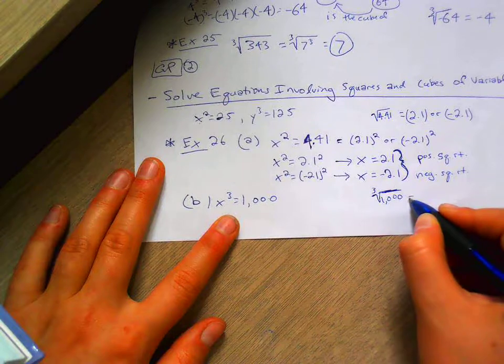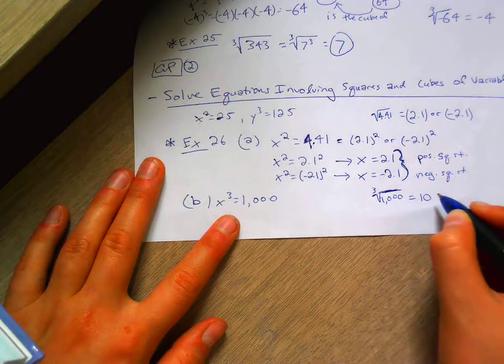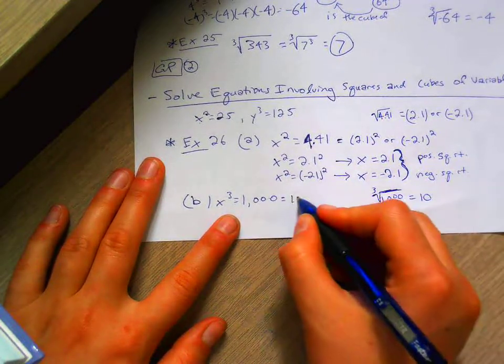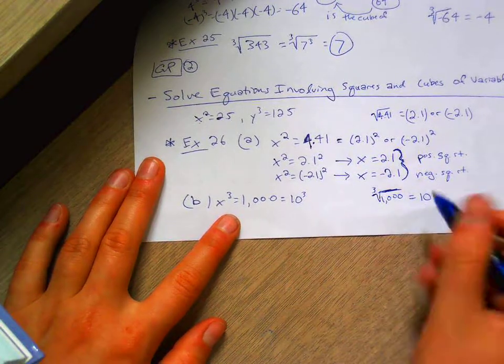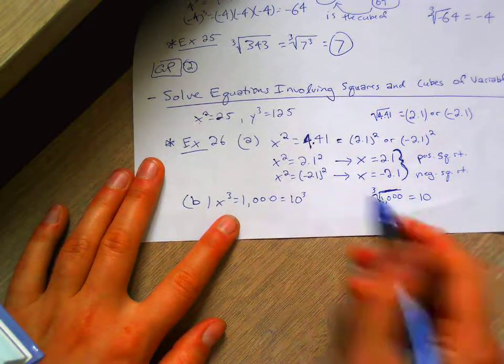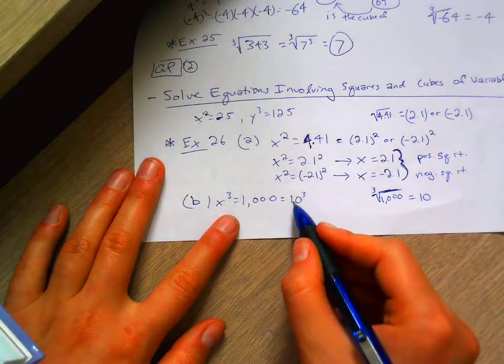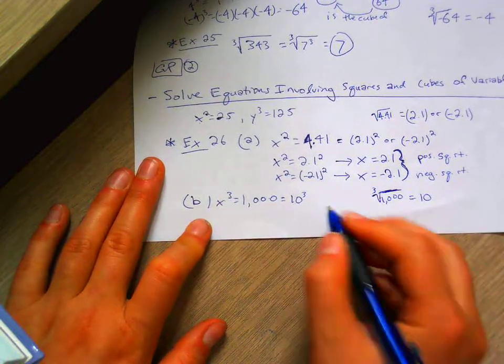We know this equals 10, so we could say this is equivalent to 10 cubed. 10 cubed equals 1,000. We know this can't be negative because then that would equal negative 1,000. So we only have one option here for cube roots.